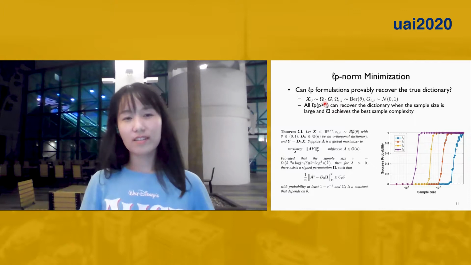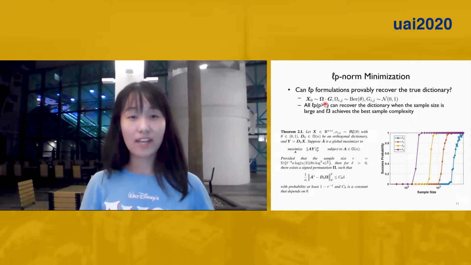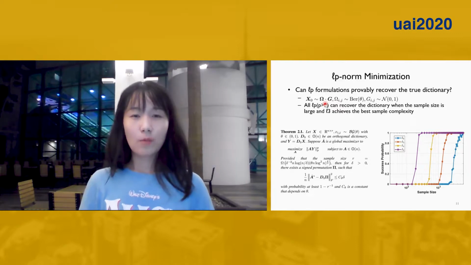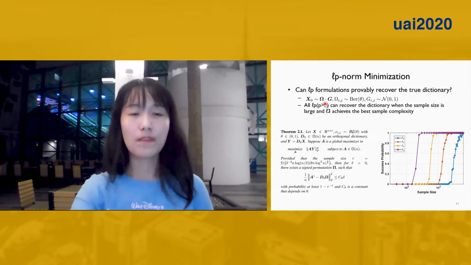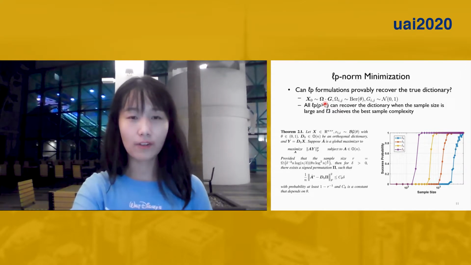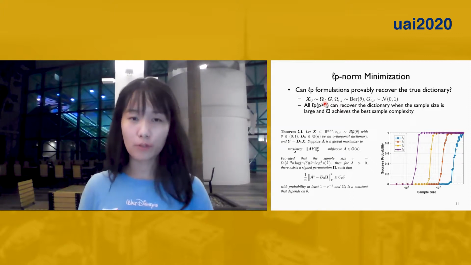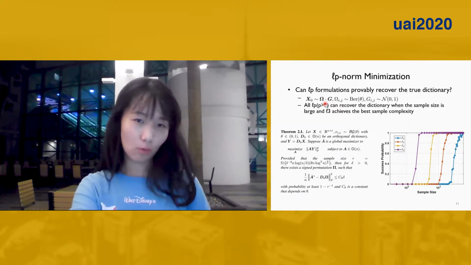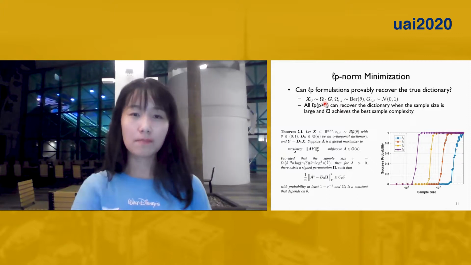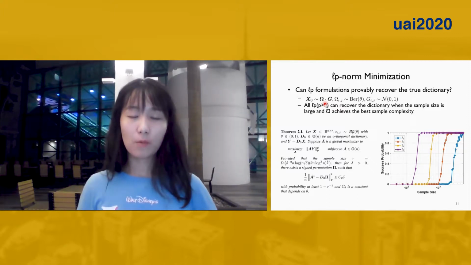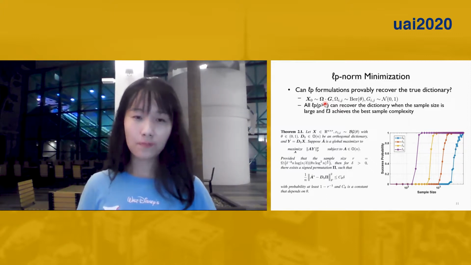The next question is, can this maximizing Lp norm formulation provably recover the true dictionary? We proved in the paper that under some statistical model, when X naught is following the Bernoulli-Gaussian distribution, which is a widely used sparse distribution, maximizing any Lp norm with p larger than 2 can recover the dictionary when the sample size is large enough.